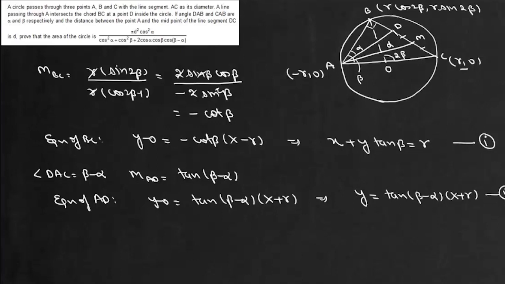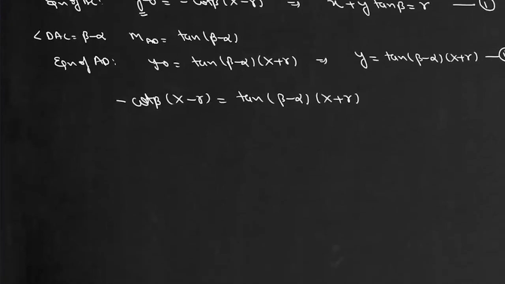Now we'll solve these two equations to find this point D. So what we'll do is we'll put the value of y here. Now y is minus cot beta into x minus R, and it will be equal to tan beta minus alpha into x plus R. Now we'll take x together and R together.